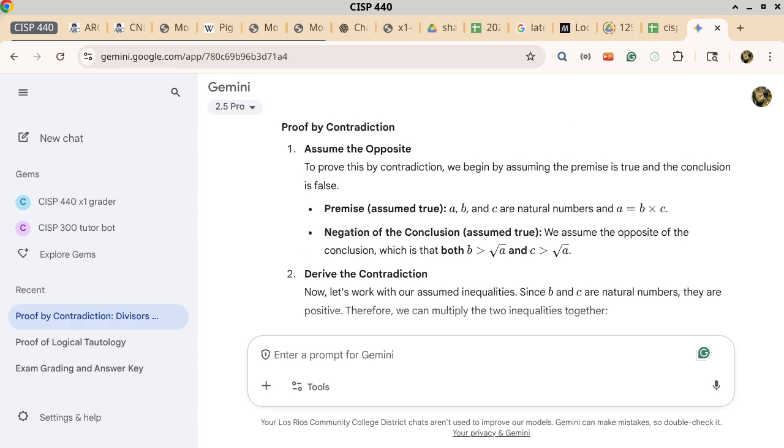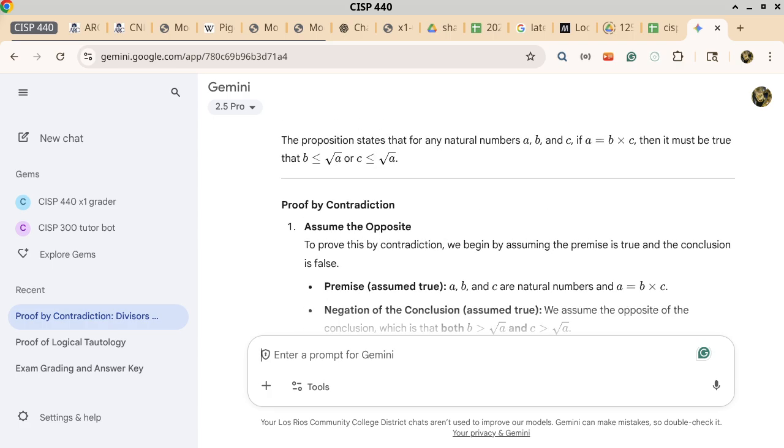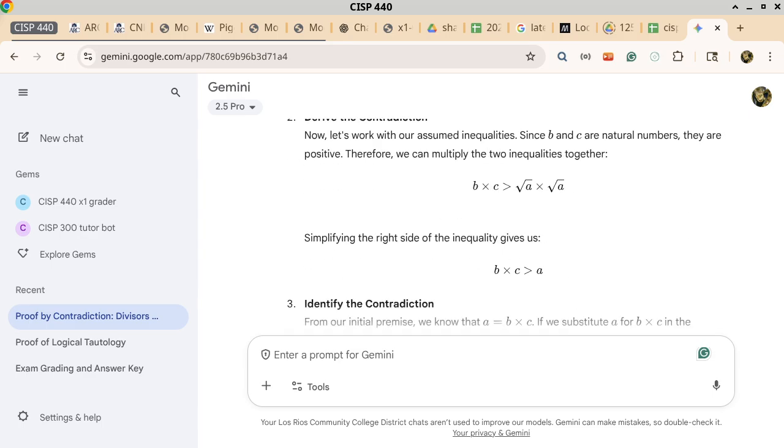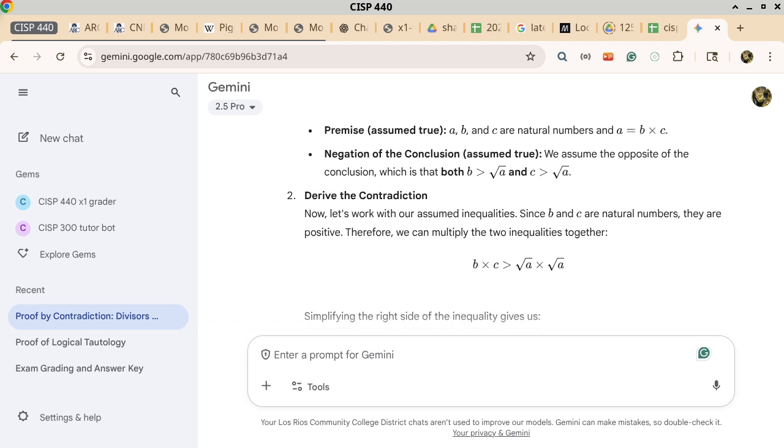But in this case, you can also see how Gemini is able to basically follow pretty much the same steps to come to the same conclusion. And you can ask it specific questions too. You can say, okay, I'm not really understanding step two. Can you elaborate or expand on step two? That's the one thing that's nice about Gemini.